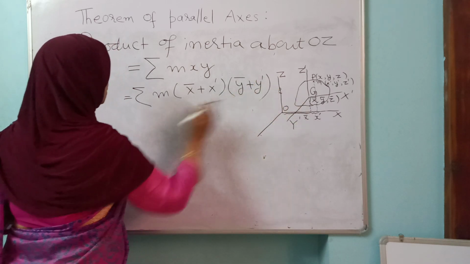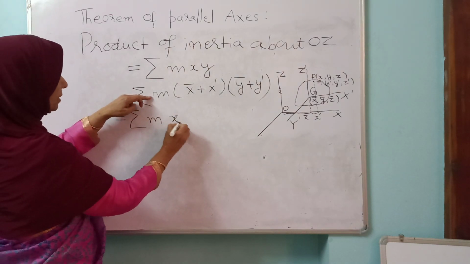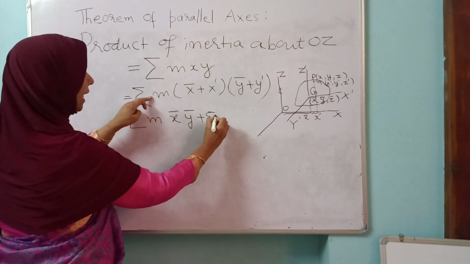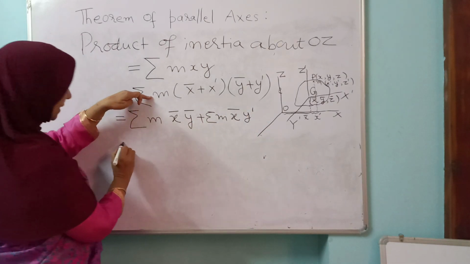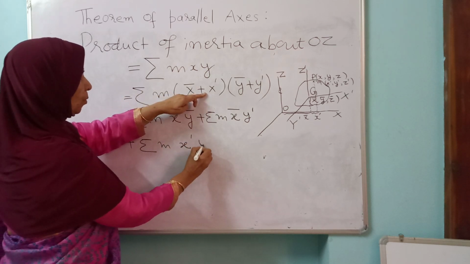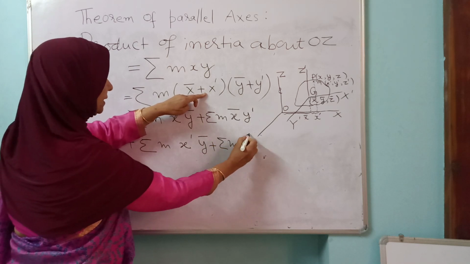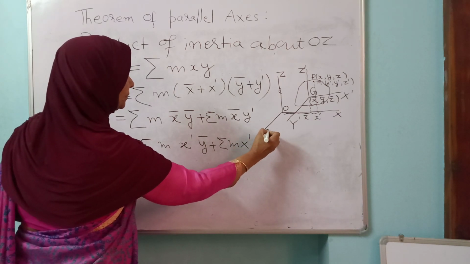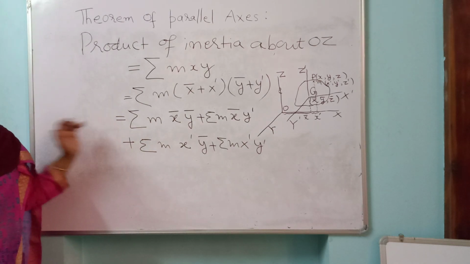When you open this, it will be summation M x bar y bar plus summation M x bar y dash plus summation M x dash y bar plus summation M x dash y dash. So these are the 4 terms you will be getting.